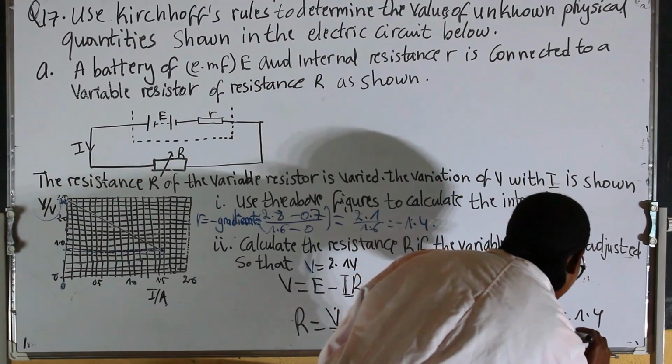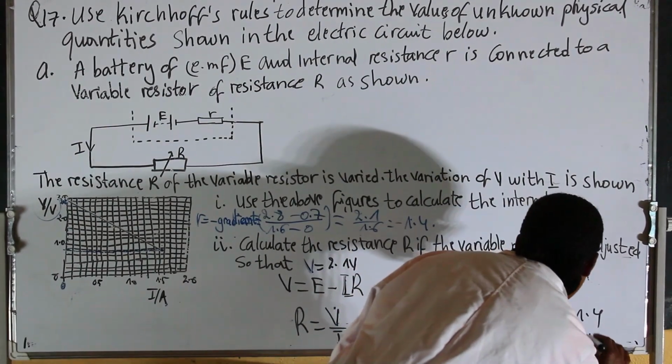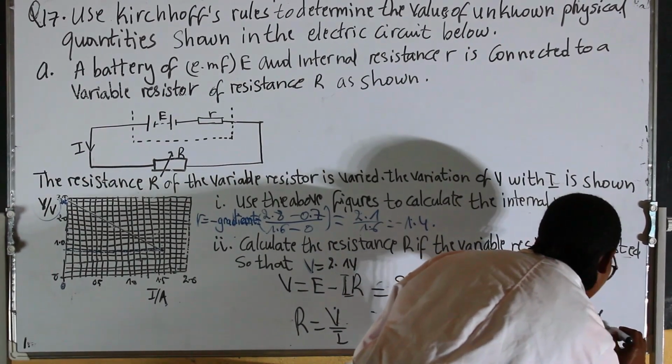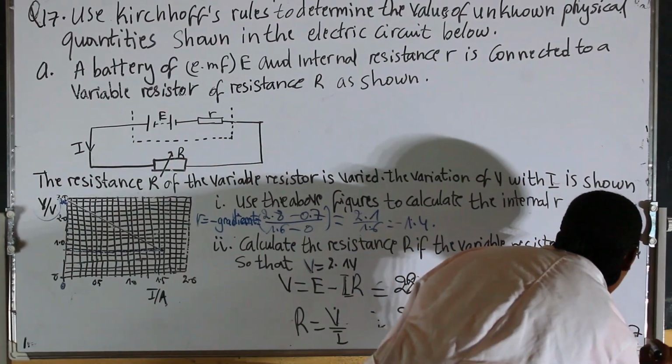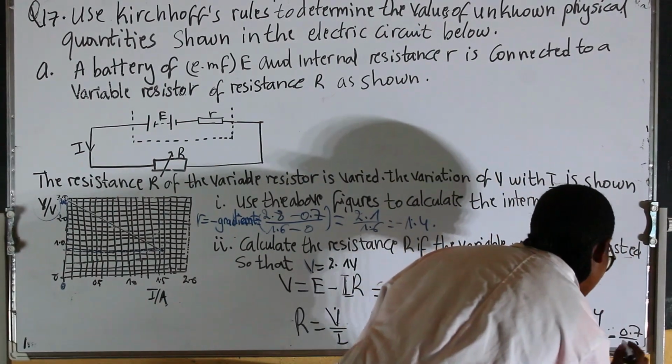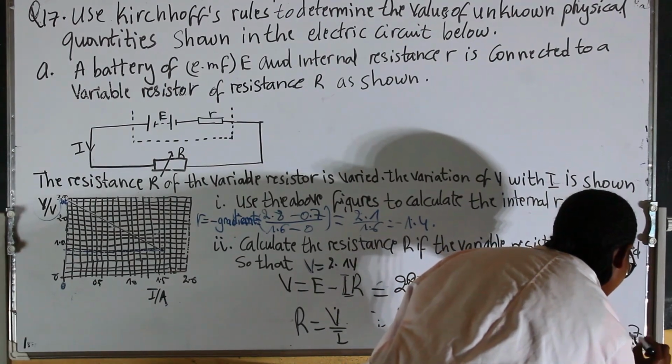Then R here is equal to 1.4. Then we find I equal to minus 0.7 over 1.4.